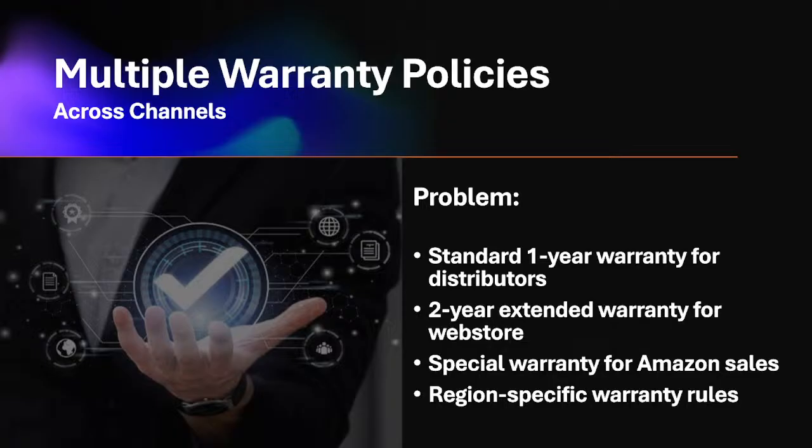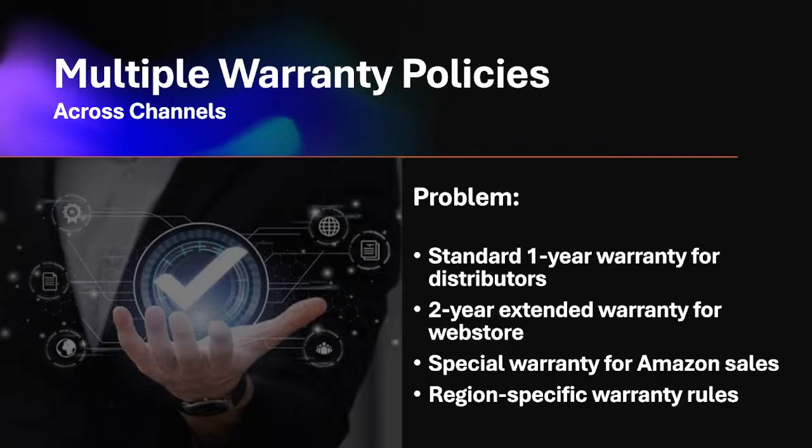Maybe some region specific warranty also. In case of Amazon, there is a specific warranty rule that you have applied. But at the end of the day, when a particular unit of product is coming for a claim, it is very difficult to identify which warranty rule it should fall into.